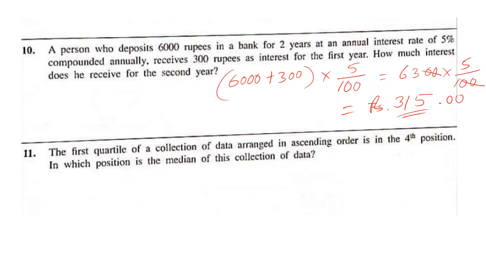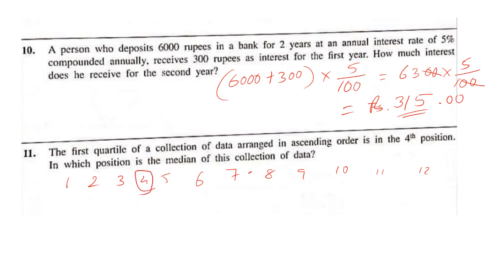The first quartile of a collection of data arranged in ascending order is in the 4th position. In which position is the median of this collection of data? The median is the 2nd quartile, right? So you can write it this way: 1 2 3 4 5 6 7 8 9 10 11 12, something like so.